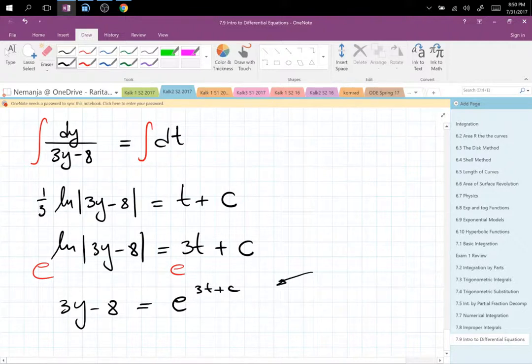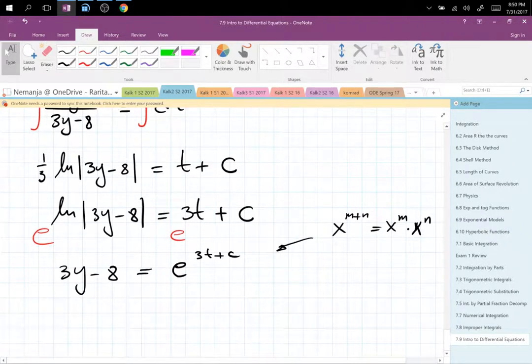Now, I already told you the rule here. If you remember from your algebra, if you have addition in the exponent, it's multiplication of bases.